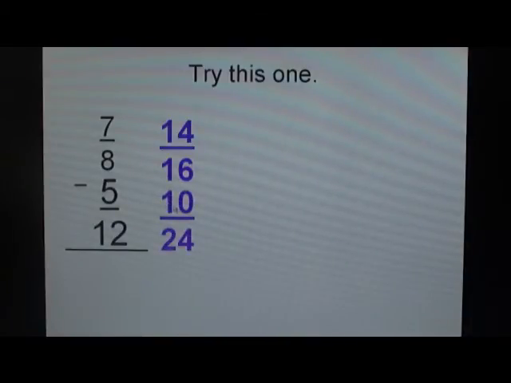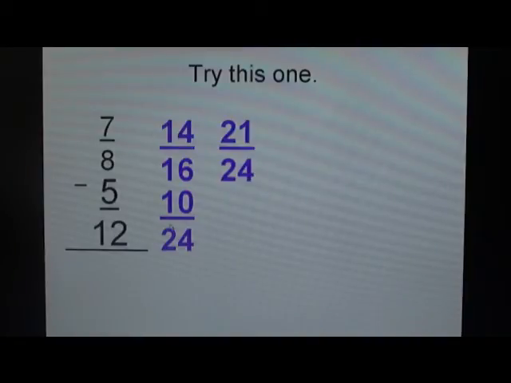Okay, when we make the second equivalent fraction for 12ths, 10/24, still no match. So we're going on, and bingo, there we are. The 24ths match. This has become that. We haven't lost anything, we've just changed it.